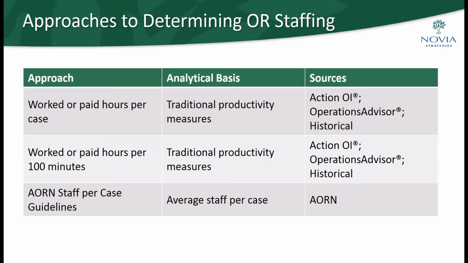So on the traditional productivity measures, there's really using either worked hours, or some organizations will use paid hours per case, or the same worked hours, paid hours per 100 minutes of OR time. And related to the ARN staffing guidelines, they use an average staff per case and then use a coverage-based model to determine staffing. So we're going to actually review each of these and talk about the benefits and some of the considerations for each of them.